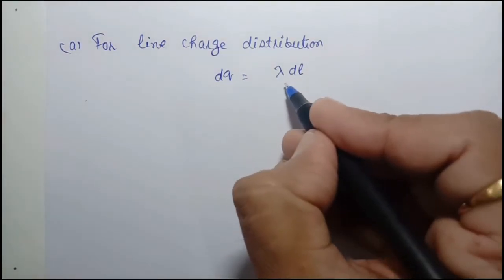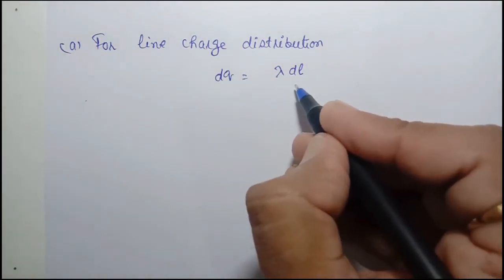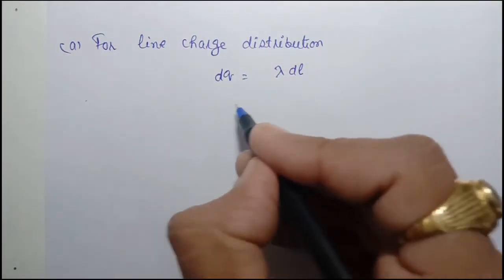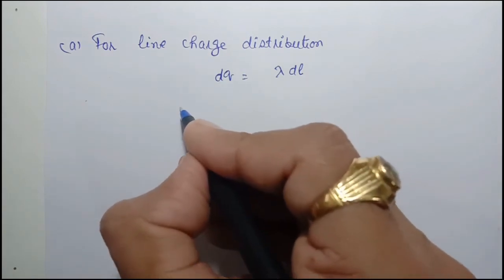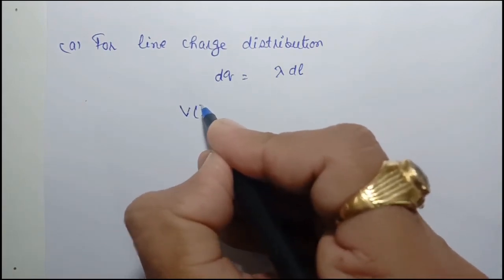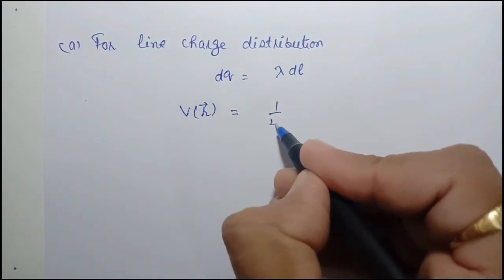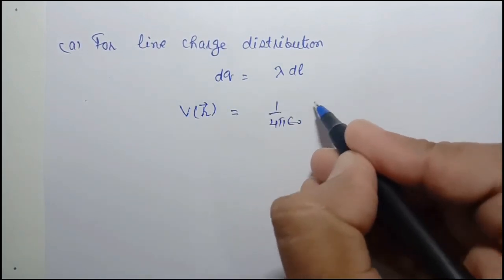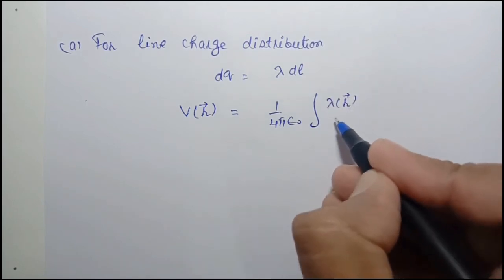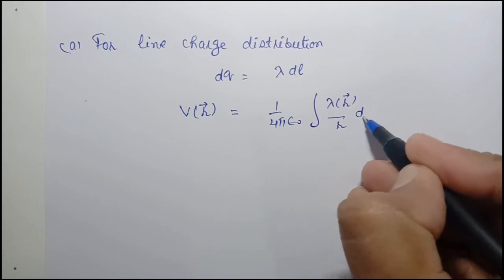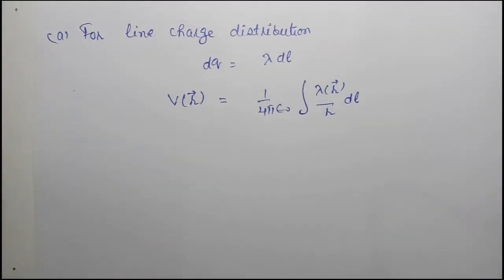So lambda is the charge per unit length, and so dq is equal to lambda dl. So we can write the electrostatic potential like this, 1 over 4 pi epsilon naught, and here we have the integral of lambda over r times dl. So this is the case for line charge distribution.